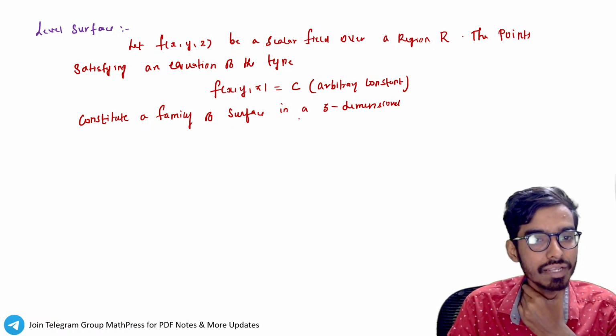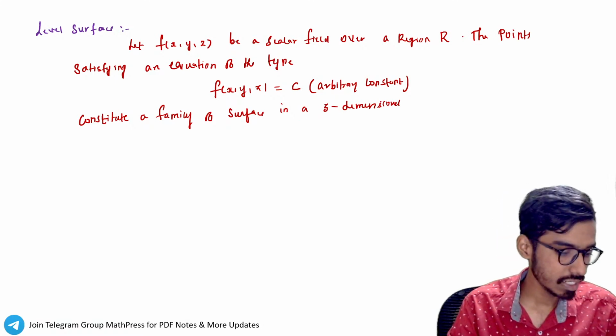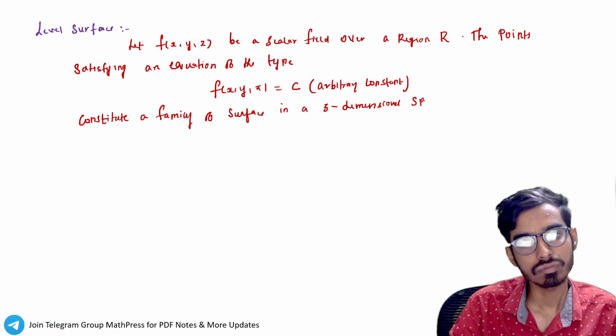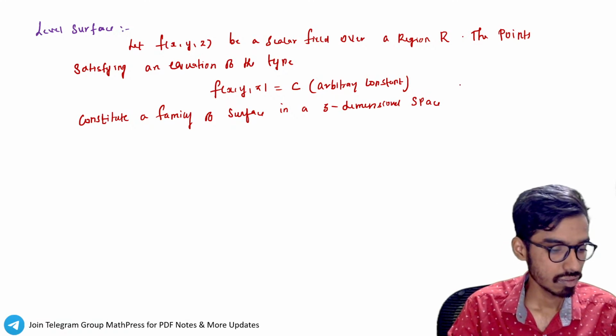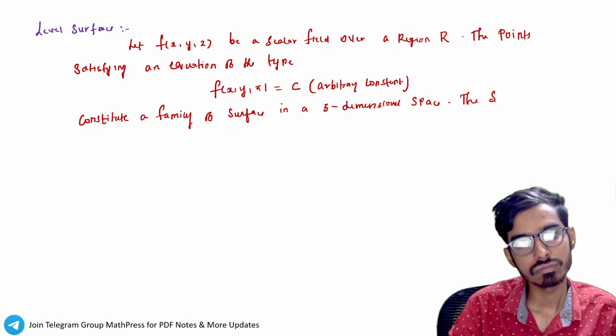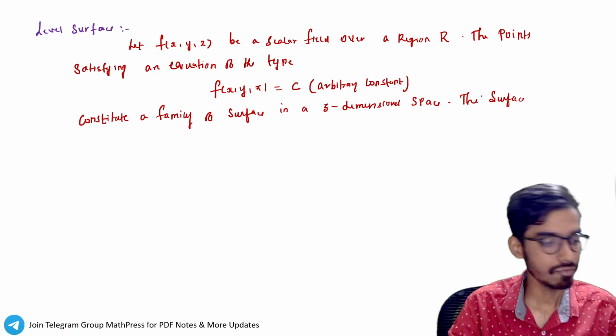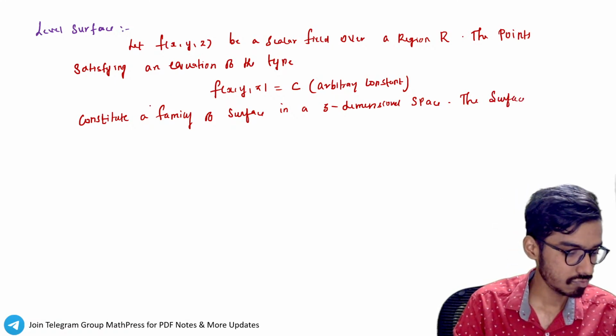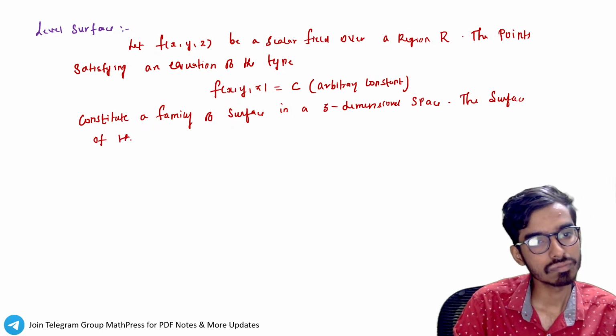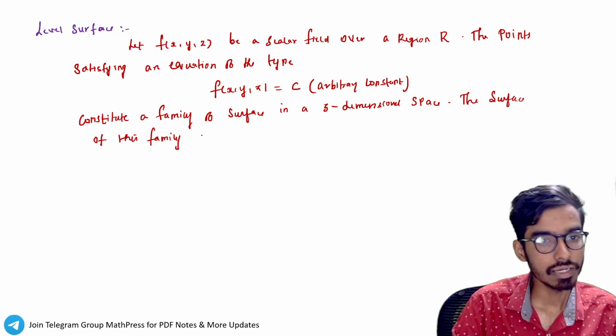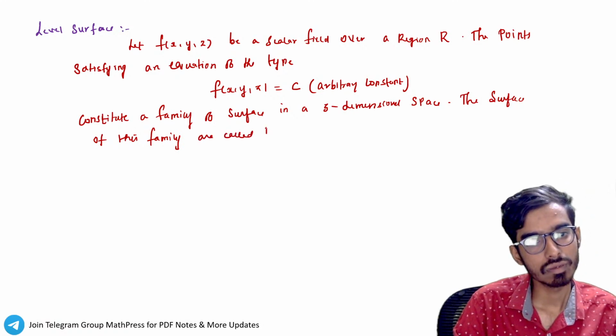So they constitute a family of surfaces in a three-dimensional space. The surfaces of this family are called the level surfaces.